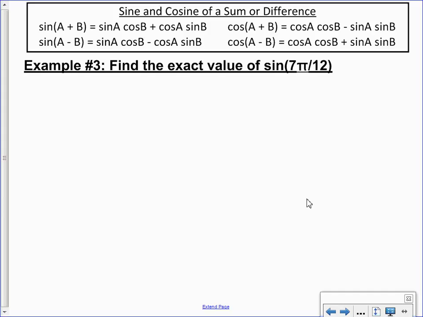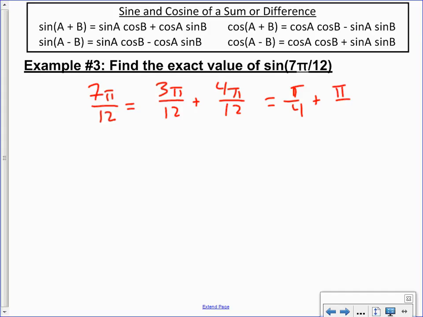Let's get to 7. What adds up to 7? 3 and 4. And don't 3 and 4 go into 12? Right. So 7 pi over 12 is the same thing as 3 pi over 12 plus 4 pi over 12, which reduce down to pi over 4 and pi over 3, which are all on the unit circle.